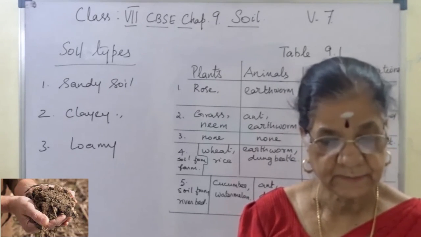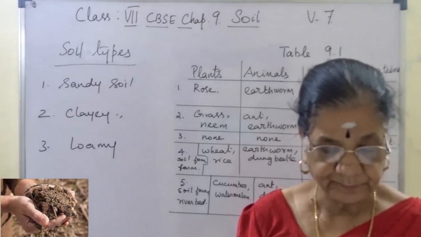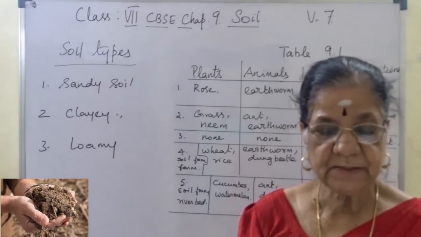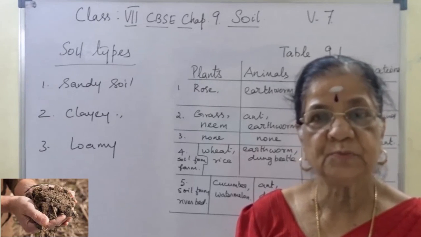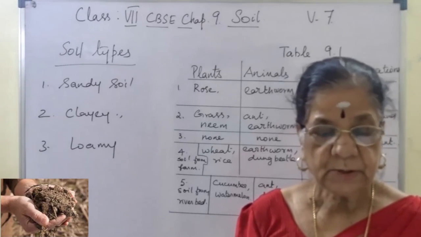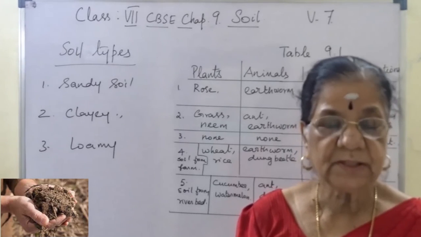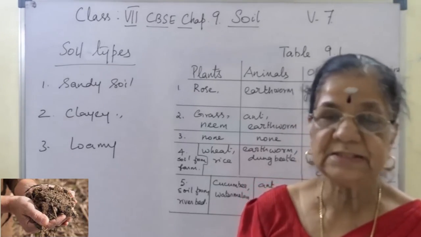I hope you understand. Then the best topsoil for growing plants is the loam. Loamy soil is a mixture of sand, clay and another type of soil particle known as silt. Silt occurs as a deposit on river beds. The river bed sand, as we call it, is silt.